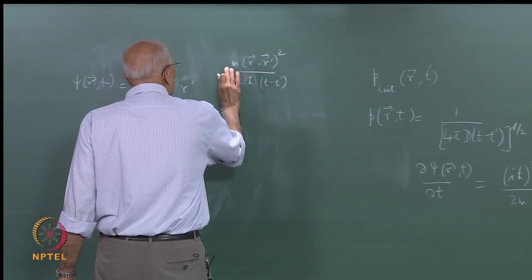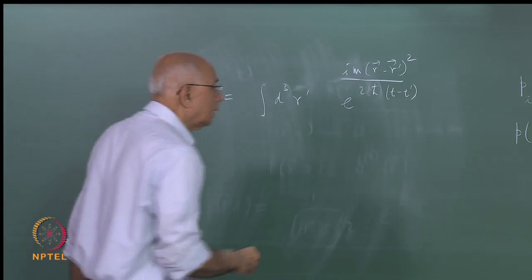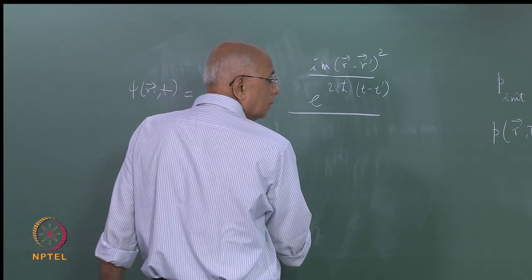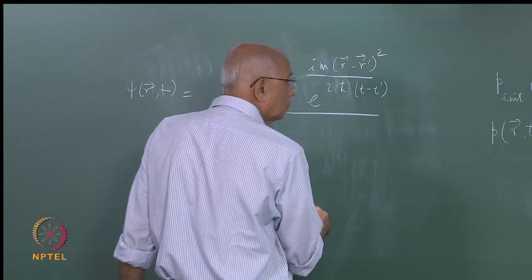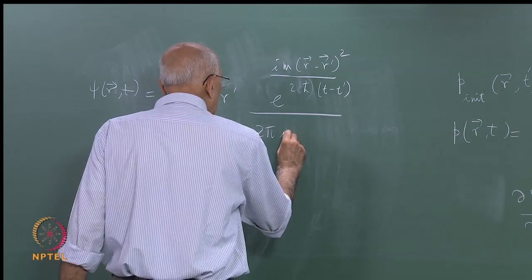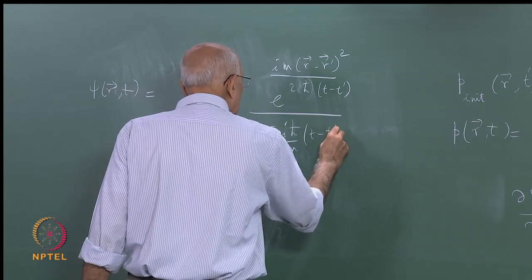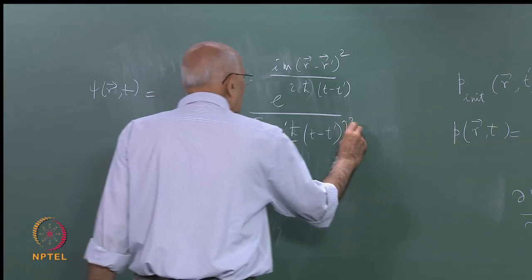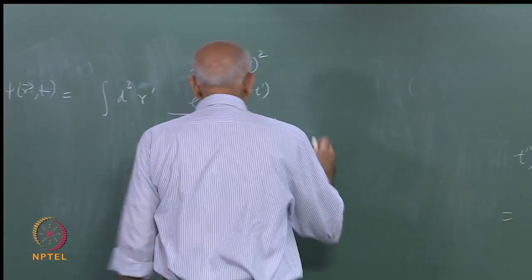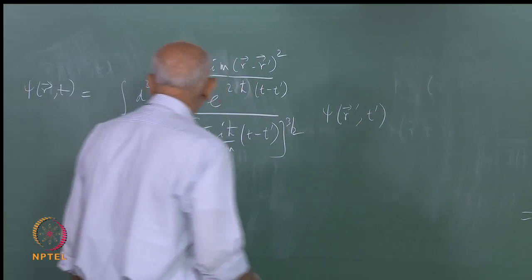So let us write this as i m over 2 h cross times (t minus t prime), divided by 4 pi D (t minus t prime). So this is equal to 2 pi i h cross over m, (t minus t prime) to the power 3/2, psi of r prime and t prime.